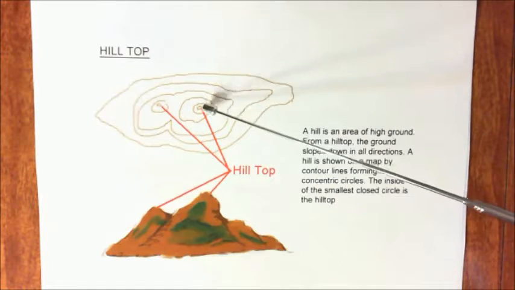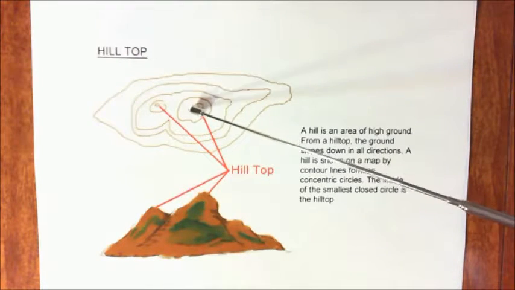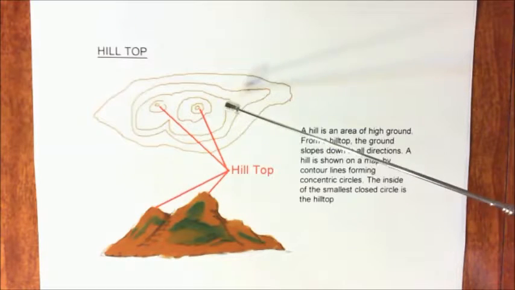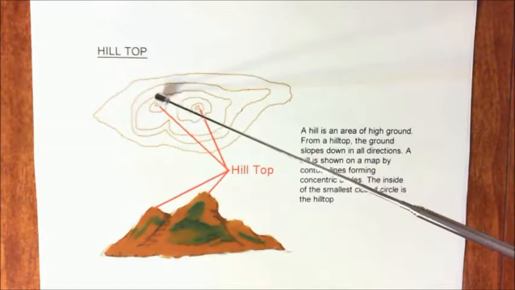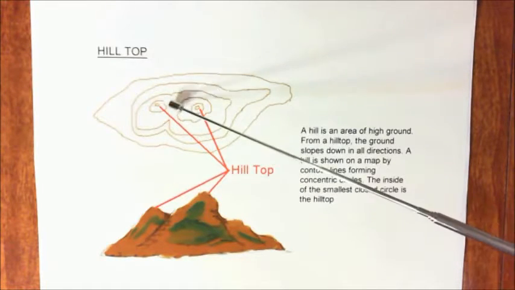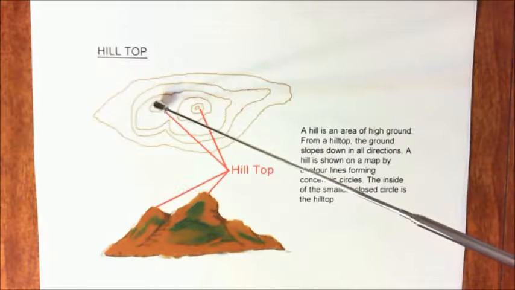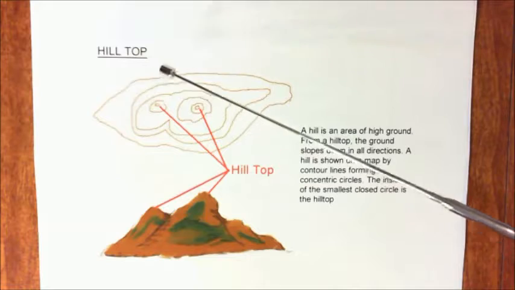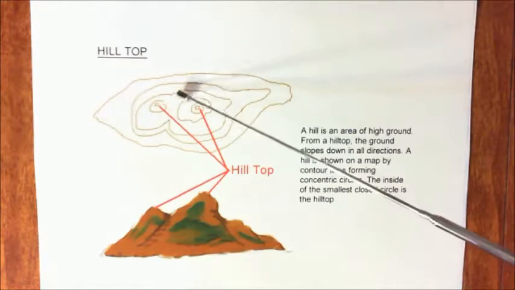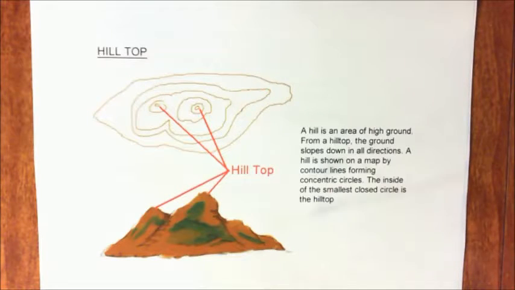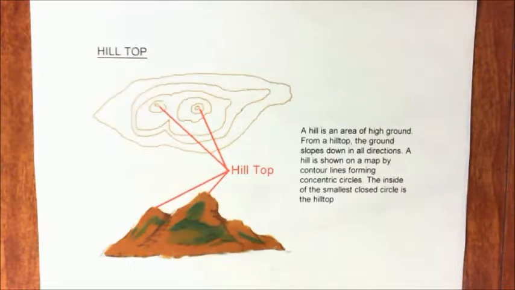So look, when you're on top here, no matter which way you go, you reach a contour line of a lower elevation. Same here. Now here, there's a bit of a plateau that joins these 2 hilltops. But even from there on down, it gets lower and lower. We'll talk about this area in the middle in a little bit. But that's what a hilltop looks like. You go up to a distinct point.